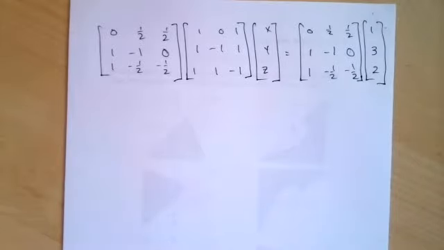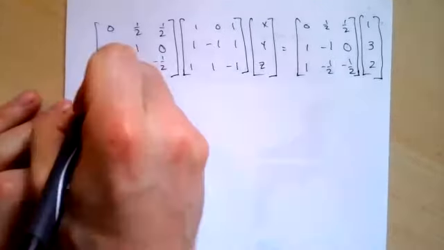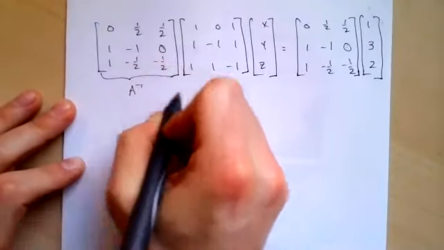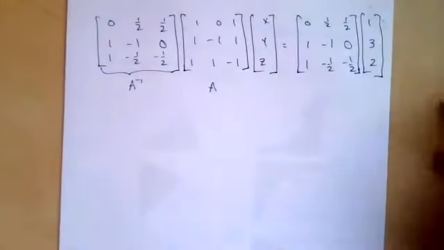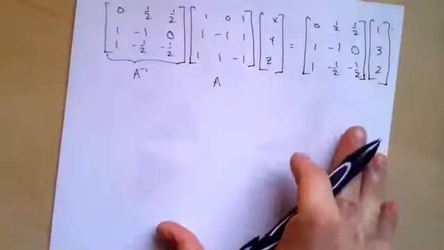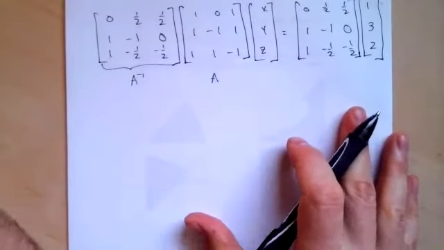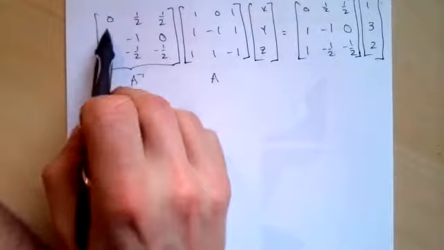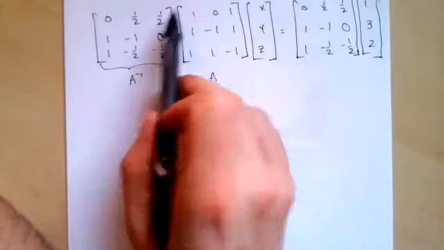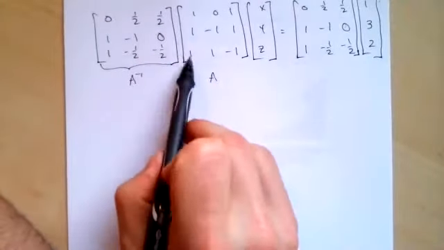So, however much you trust your work, this was A inverse times A. We should be able to compute and check that the product of these two gives me the identity. So if we do first row times the first column, we'll get 0 plus 1/2 plus 1/2.